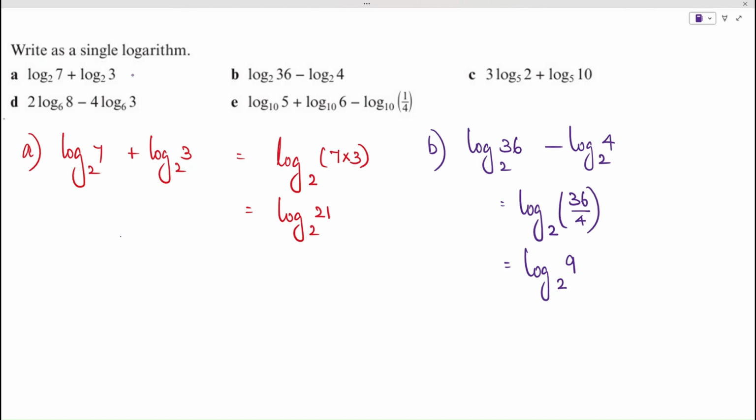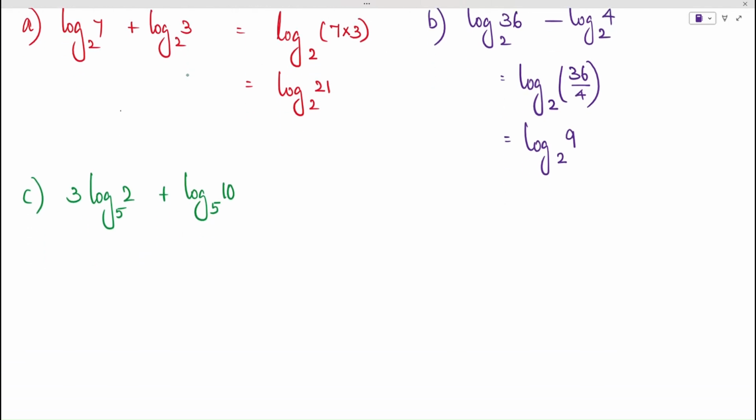Now we'll do question C. So now we have 3 times log 2 to the base 5 plus log 10 to the base 5. What we can do here is we can treat 3 log 2 to the base 5 as log 2 to the base 5 added together 3 times.